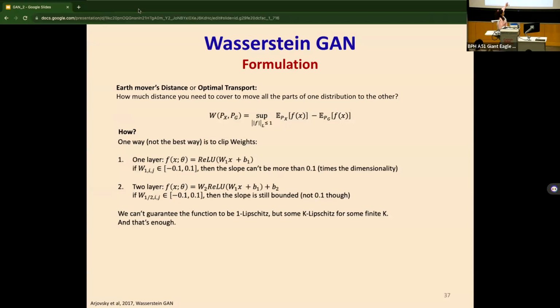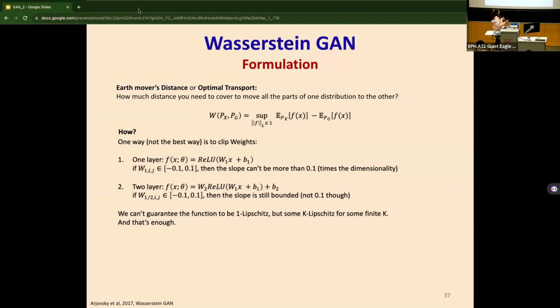Similarly, if you consider this for two layers, it would then mean w2 times the output of the first layer plus b, your bias. And again, if you clip both w1 and w2 within some range, you are again limiting your slope. Now this will again not be bounded by 0.1 times the dimensionality of x, because we have multiple weights in the picture.